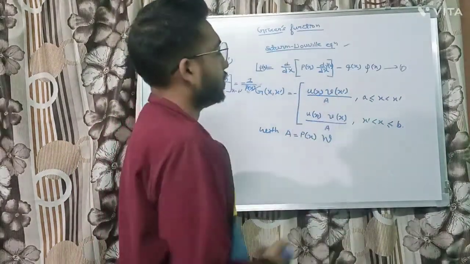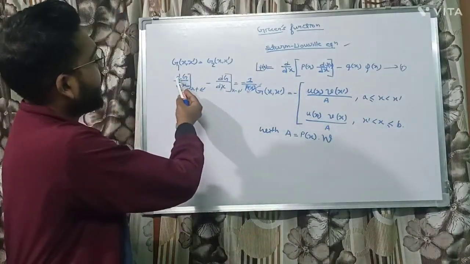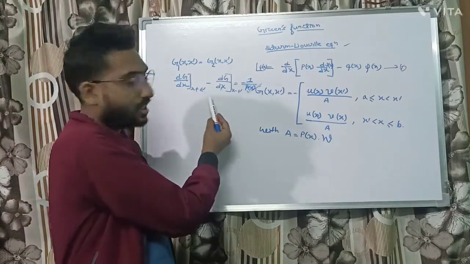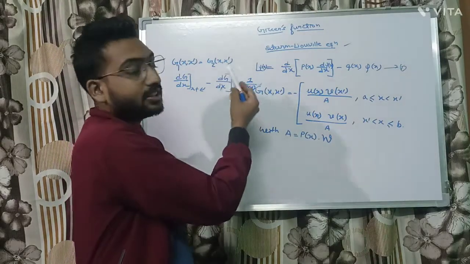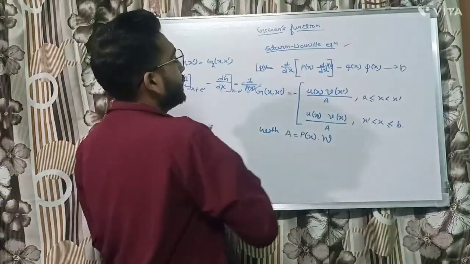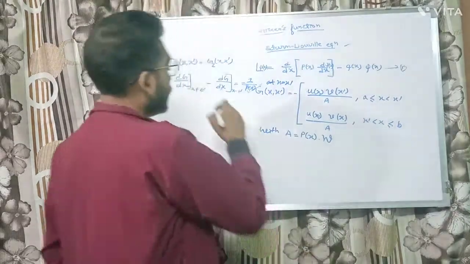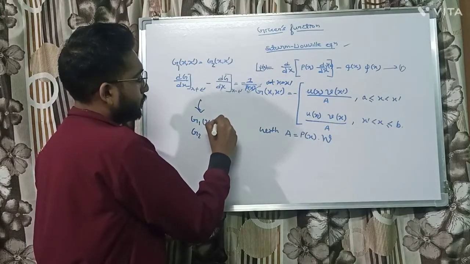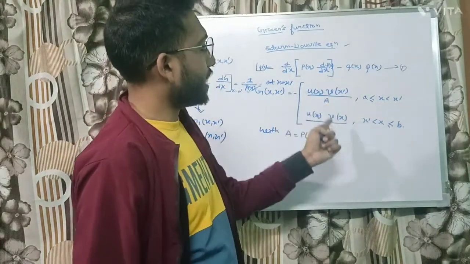The derivative of the function G at x' plus epsilon minus dG/dx at x' minus epsilon is not continuous. It has some discontinuity at x equal x'. So I have to divide it into two parts, G1 and G2, giving two solutions of the Green's function.